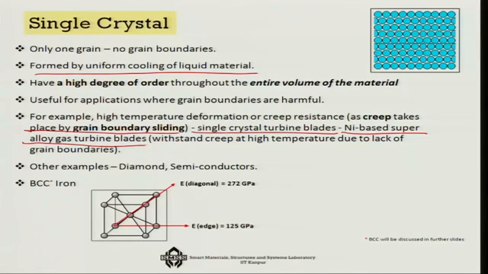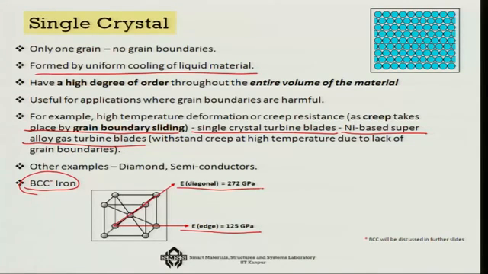A typical example of the anisotropy of a single crystal structure: consider, for example, a BCC structure of iron. What is a BCC structure? We will discuss it very soon. You will see that along one edge the modulus of elasticity is about 125 gigapascal, whereas along the diagonal it is about 272 gigapascal.